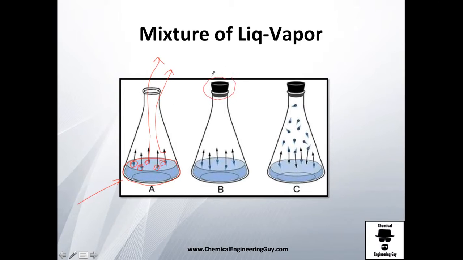But let's say we close that. We had here an open system, and now it's a closed system. You will start having the same phenomenon, because here is still a vacuum and here you have a lot of space. The atmospheric pressure here is relatively low, and this pressure is relatively low as well. But eventually you're going to evaporate all these little molecules, and you're going to achieve a pressure of vapor equal to the pressure of the volatility.